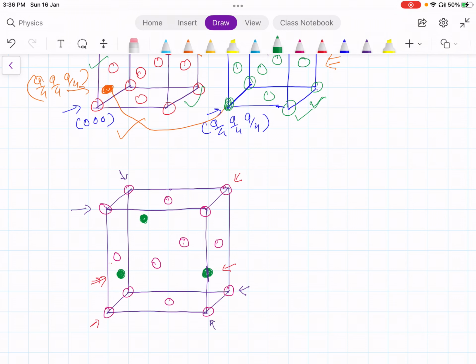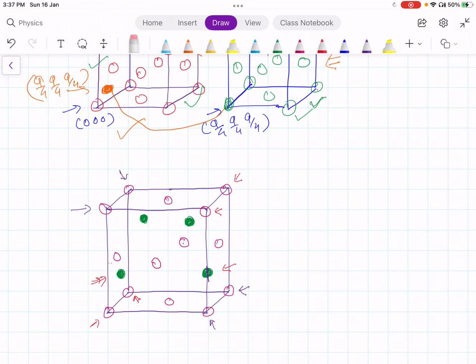And the fourth one is over here, at the body diagonal drawn from this atom to this atom. So this is the unit cell of diamond.